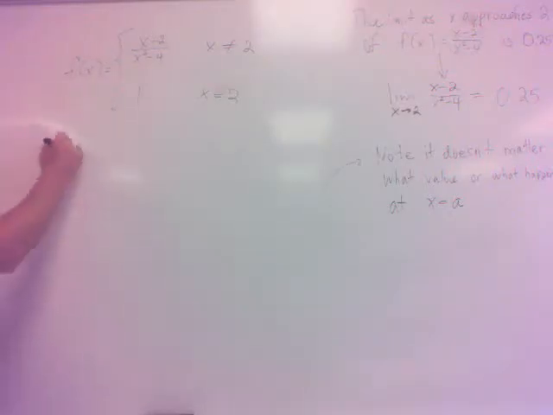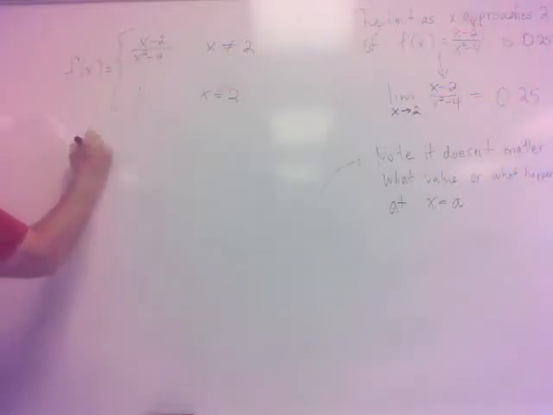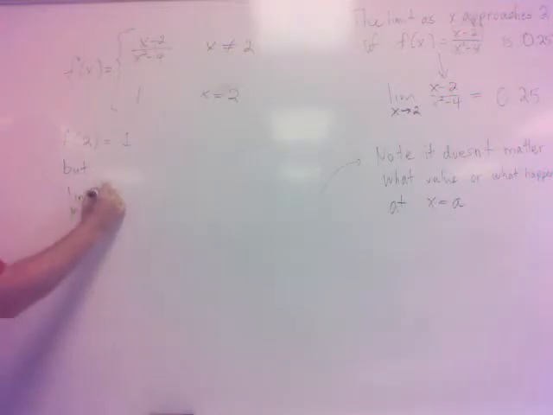Well, what is the function value at 2? Well, we just said the function value at 2 is 1. But what is the limit as x approaches 2 of my f of x? Is it 1? No. No, it's not.